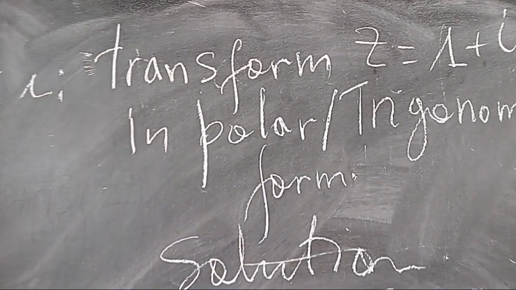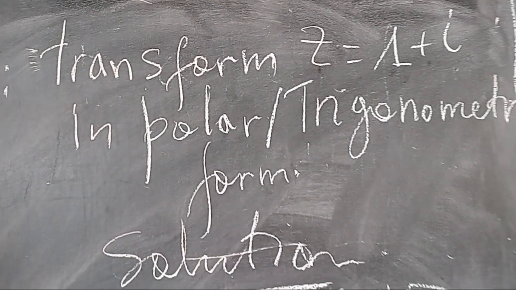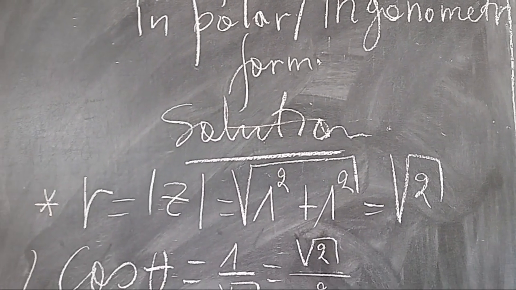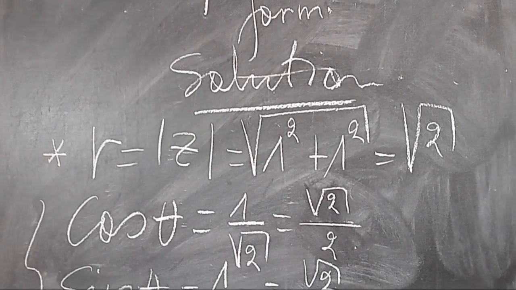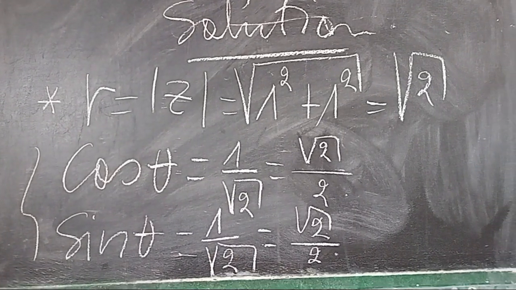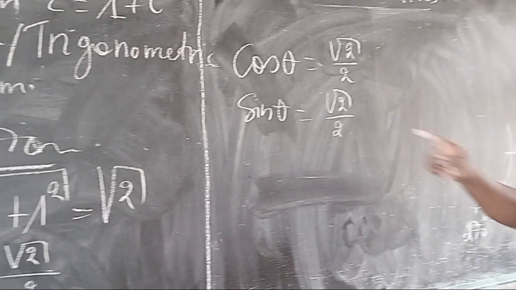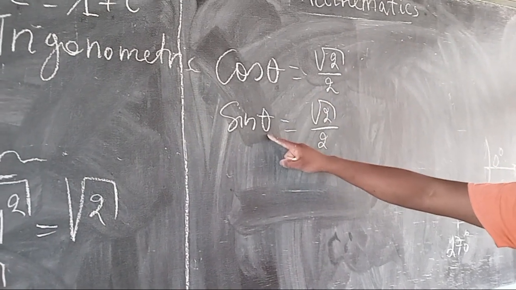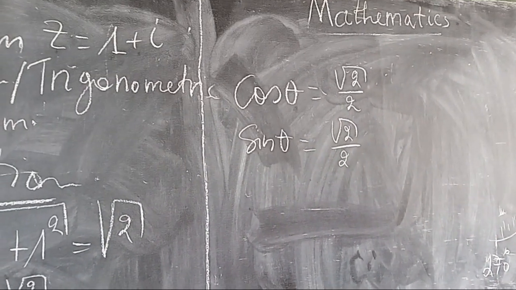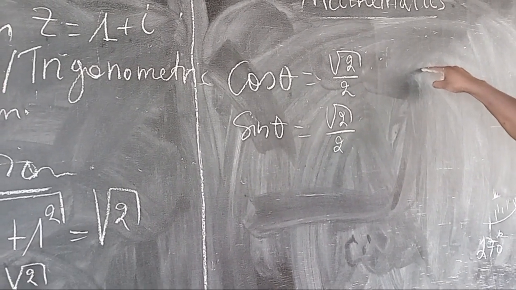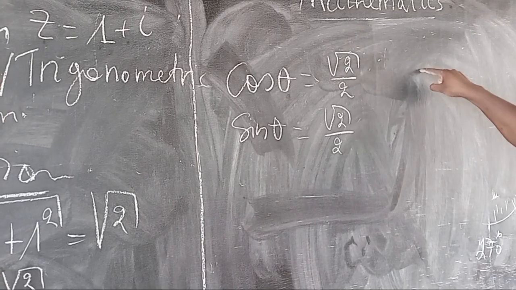Teachers, as you see here, the result from cosine and the result from sine both should be positive. That shows me my given angle theta should be located in the first quadrant of my given unity circle.